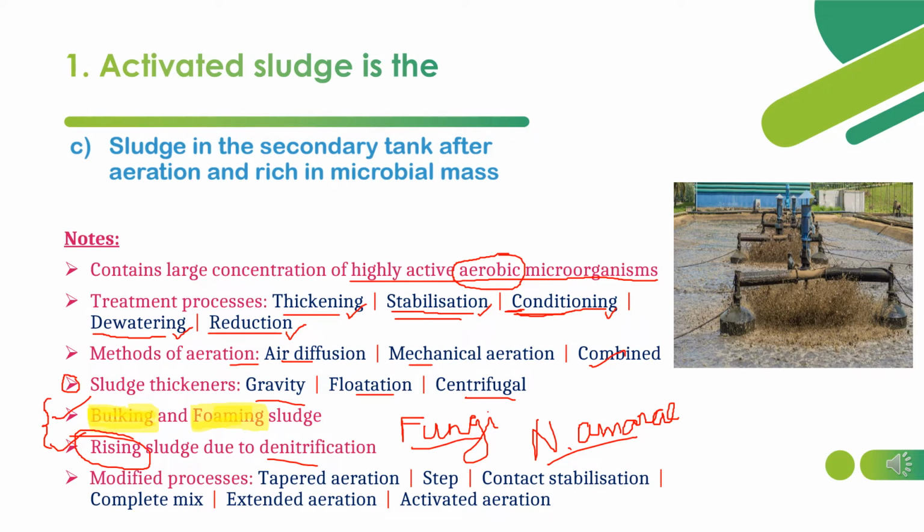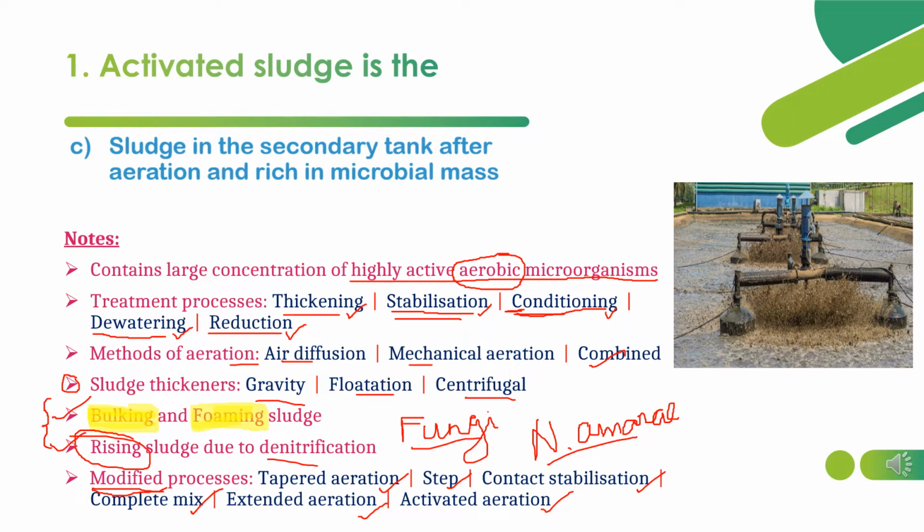And there are some other processes which are modified in the ASP. That is, one is tapered aeration, another one is stepped aeration, another one is contact stabilization, complete mixed aeration, extended aeration, activated aeration. Step aeration is used in larger plants.